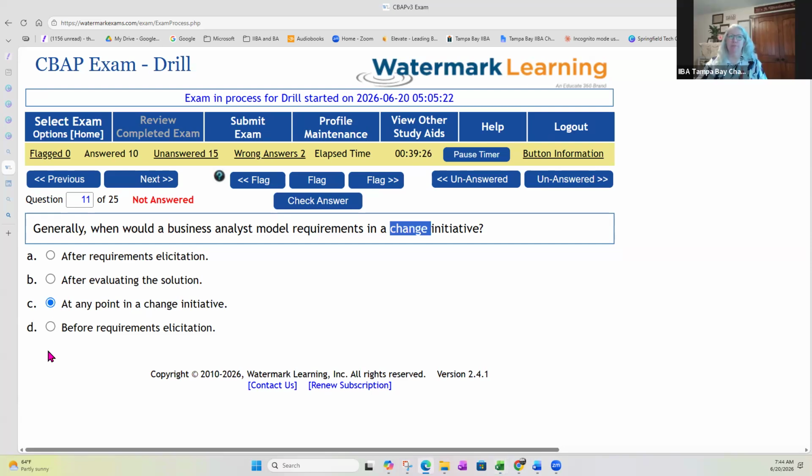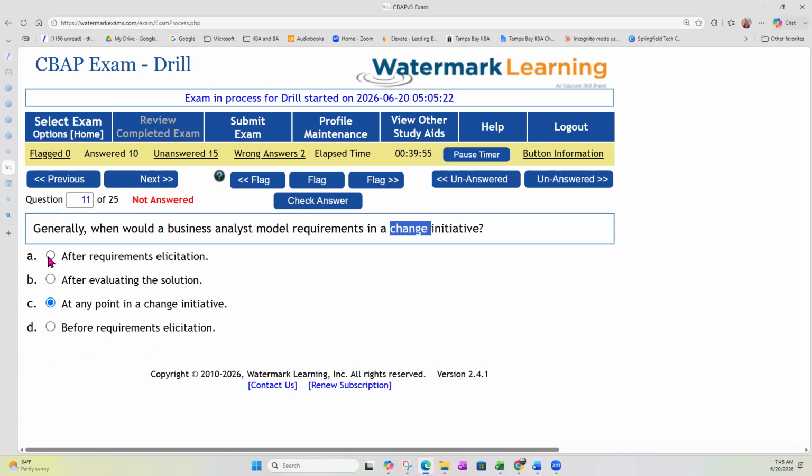Jose, what is your vote? Because the changes can change. Yeah, I get what Gabrielle is saying. The requirements can be iterative, but I would go with after requirement solicitation.